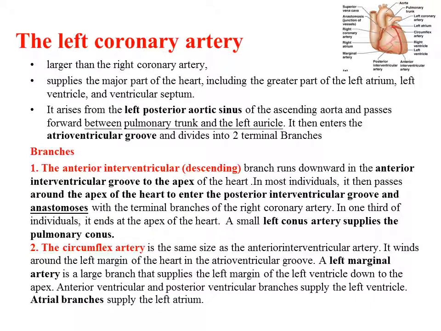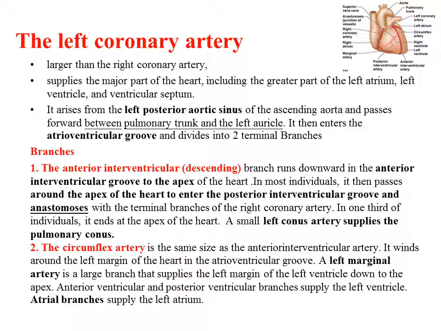Coming to the second big coronary artery, the left coronary artery. It is larger than the right coronary artery, and it supplies the major part of the heart, including the great part of the left atrium, left ventricle, and the ventricular septum. You see, a big part of the cardiac muscle is supplied by the left coronary artery.